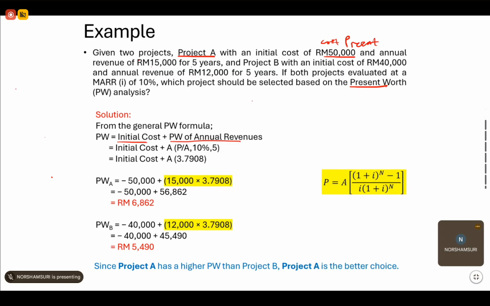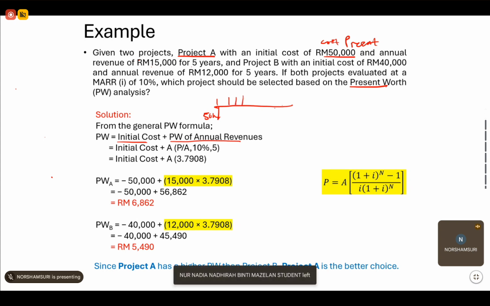If you take the project in a timeline, you have the initial cost of 50,000 at year one, and then you get revenue 15,000 until 5 years.